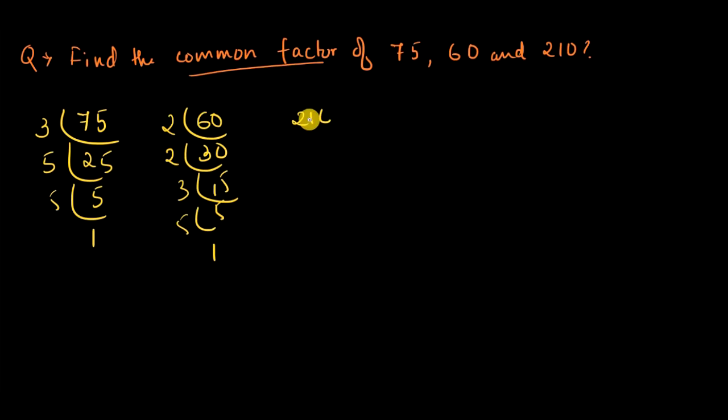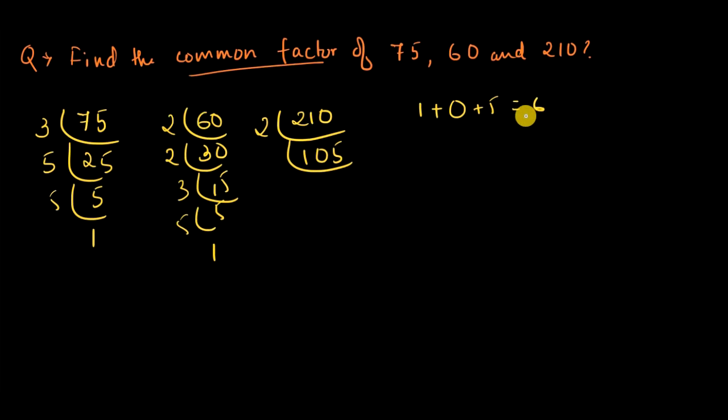And the last one, 210. It's divisible by 105. This number is divisible by 3 because we learned about the divisibility test: we need to add the digits up.